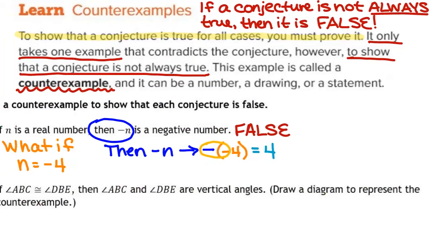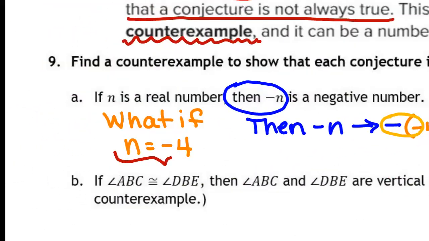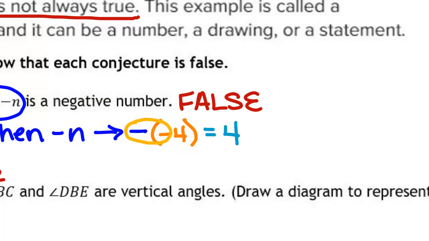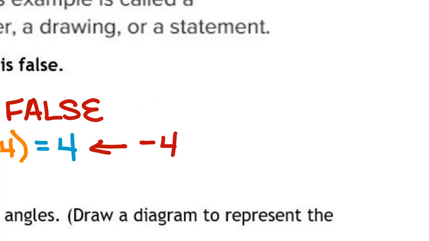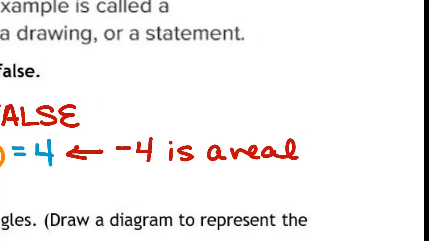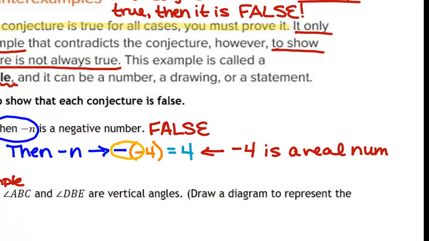And this is our counterexample. Negative 4 is a real number, but negative 4 is not a negative number.